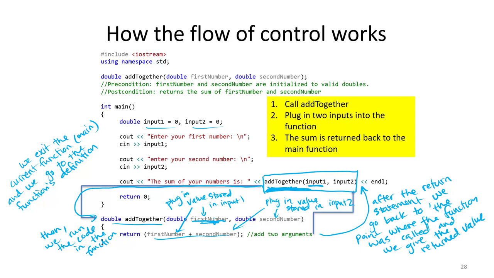So in this case, if we plugged in, for example, 1 is input 1 and 2 is input 2, then add together 1, 2, that would give us the returned value of 3. So the sum of our numbers here, the value 3 would be returned.